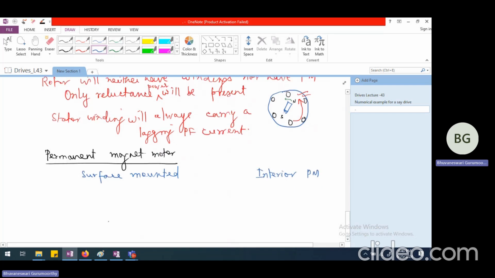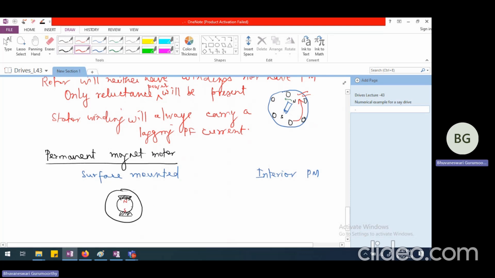So in the surface mounted case, what we are going to see is somewhat like this. If this is my stator structure, and let us say this is my rotor, I am going to mount the permanent magnet on the surface like this. So this is going to be the North Pole and this is going to be the South. These are the two magnets that are mounted on the surface.